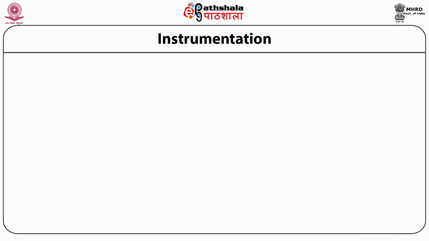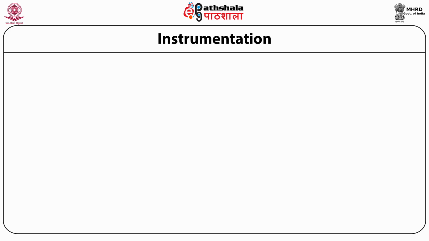Here we are going to talk about the instrumentation which is needed in secondary ion mass spectroscopy. In any form of spectroscopy, the most important part is the one which deals with instrumentation. When we look at the instrumentation for SIMS, there are three main components.